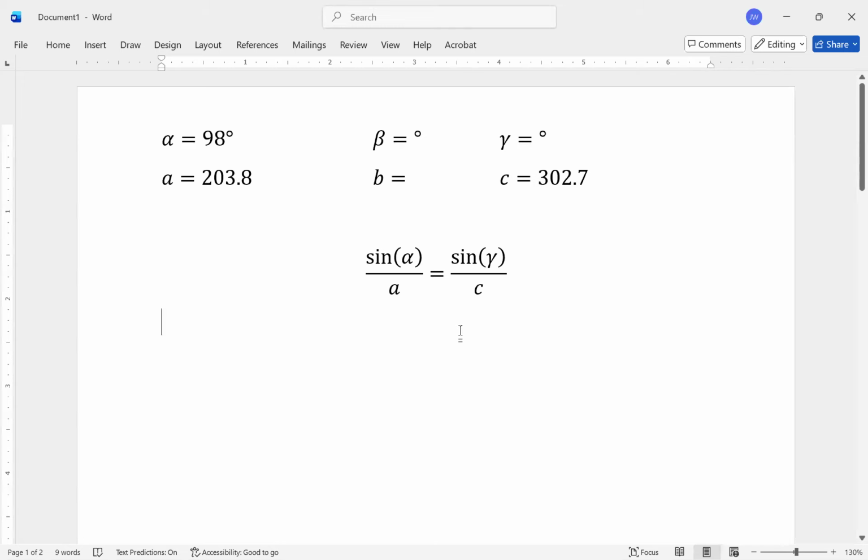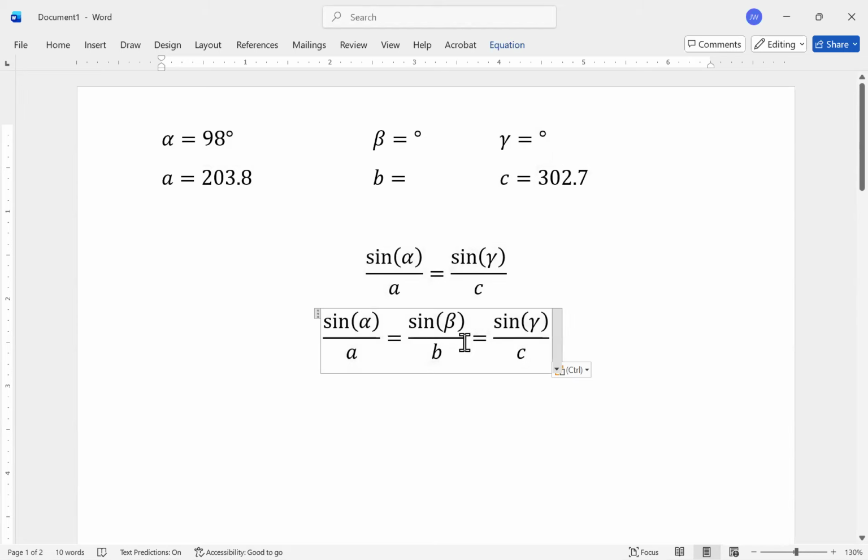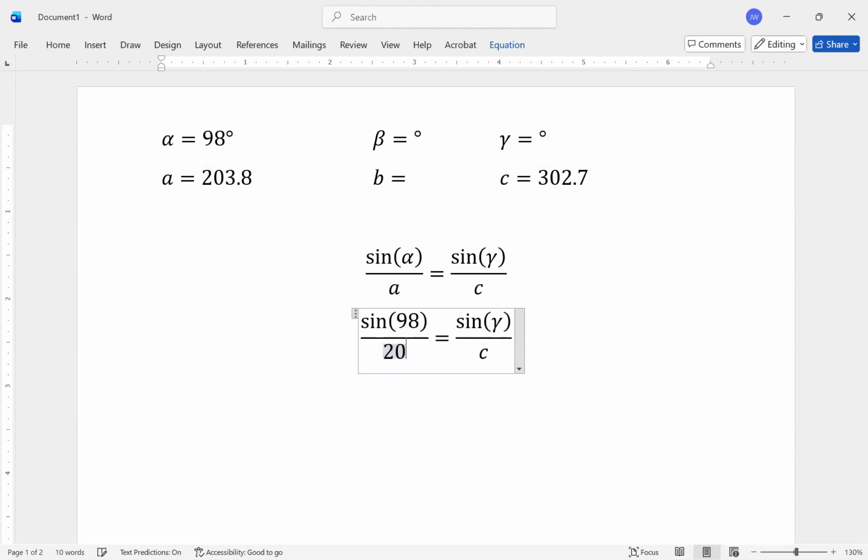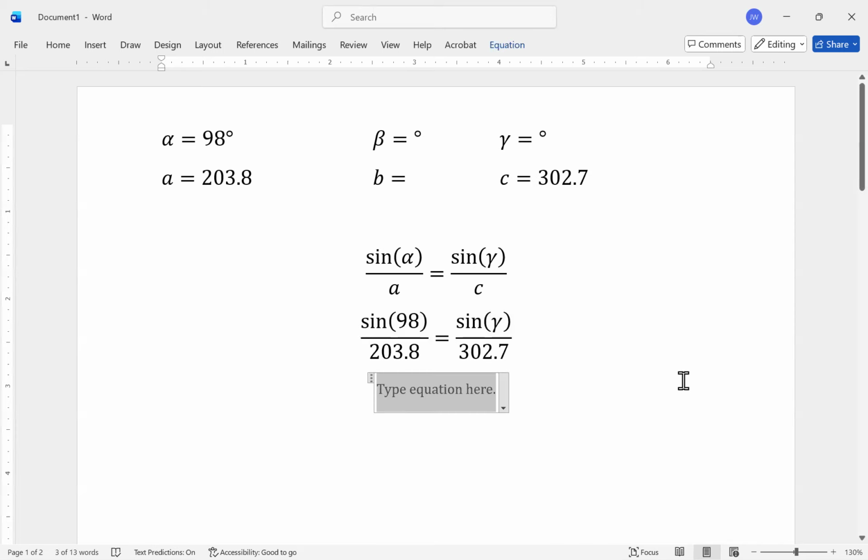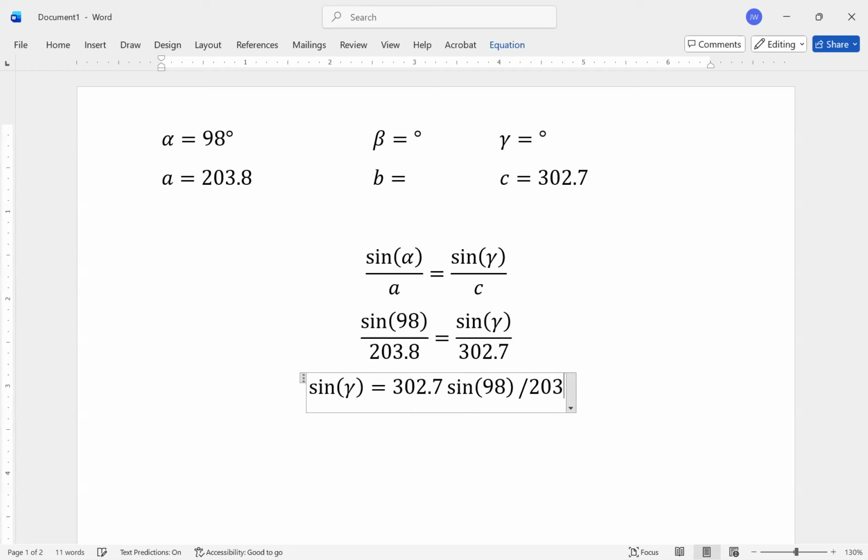If we try the algebraic way, basically we'd use the ratio of sine of alpha over A and set that equal to sine gamma over C. That's because we have alpha as 98, A is 203.8, and we're given the C value, which is 302.7.